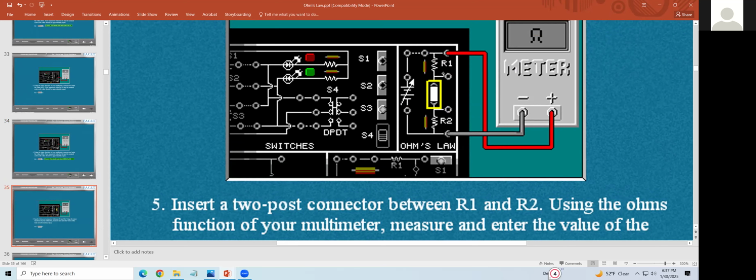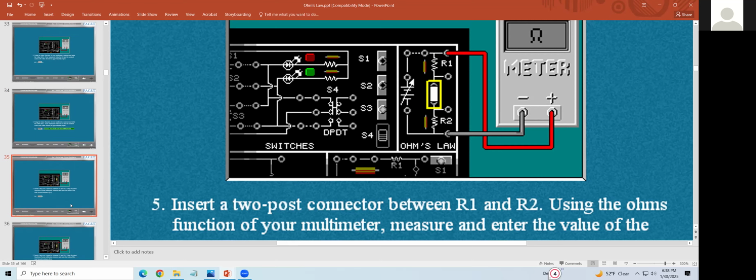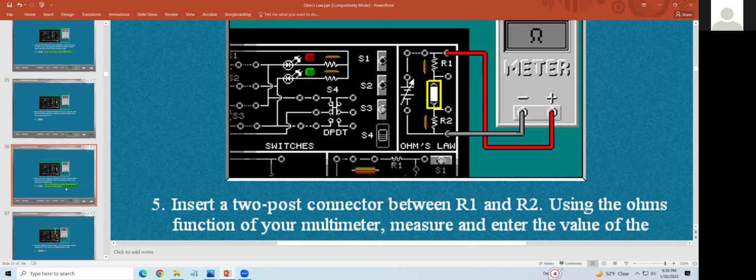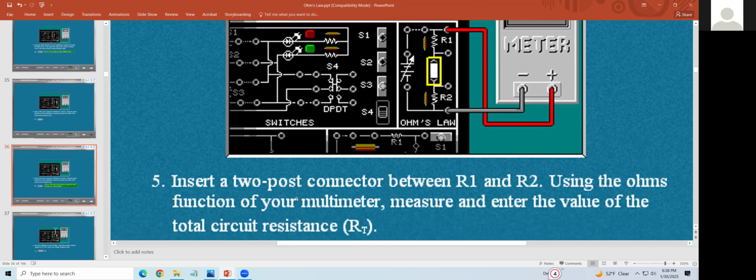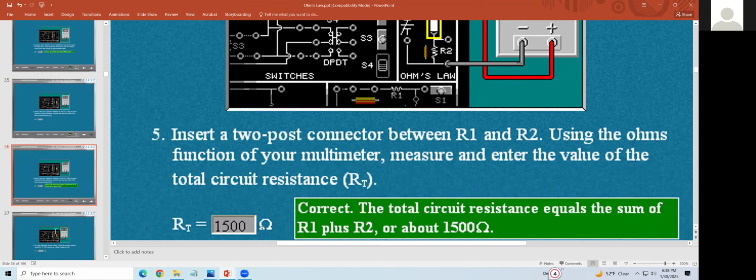Make sure they connect R1 to R2, then you can measure. You get that? I understand, and on Monday you can do it easily. For example, this measurement they get 1500 ohm.